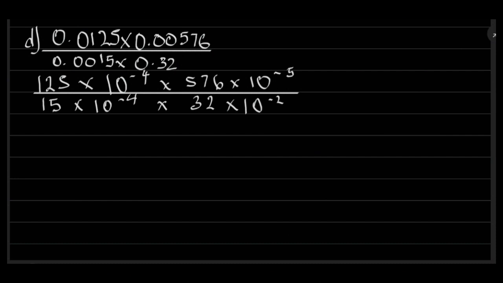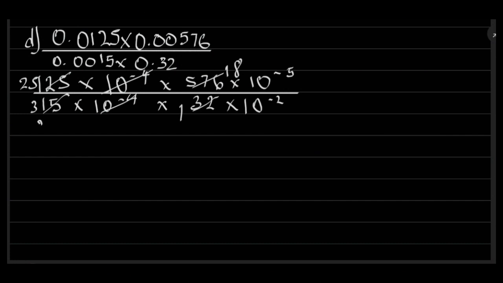Now 10 raised to the power 4 will cancel 10 raised to the power 4, and then 15 will cancel 1, 2. That is, 5 into 15 would be 3. 5 into 125 would be 25. Now 32 into itself would be 1. 576 divided by 32 would be 18.